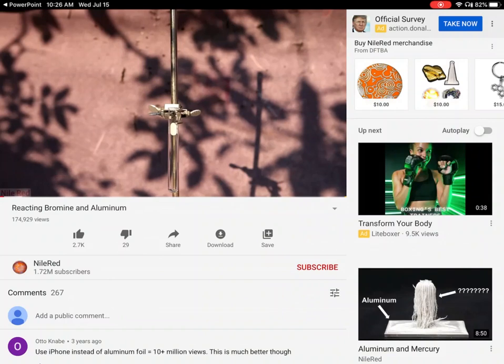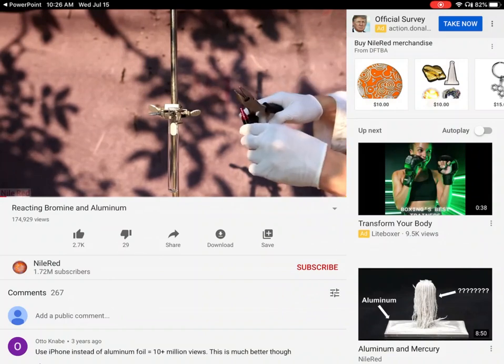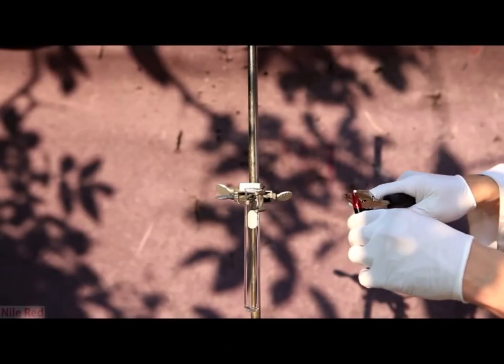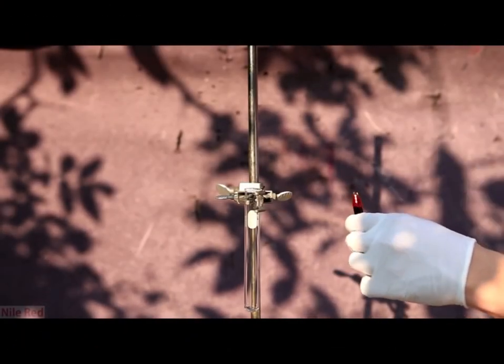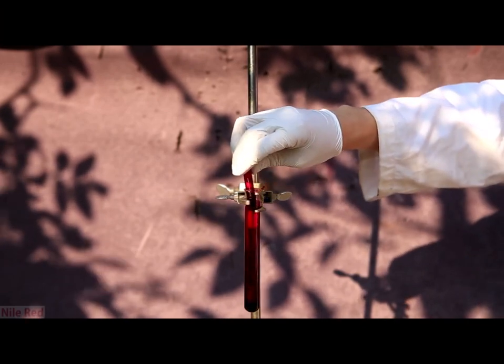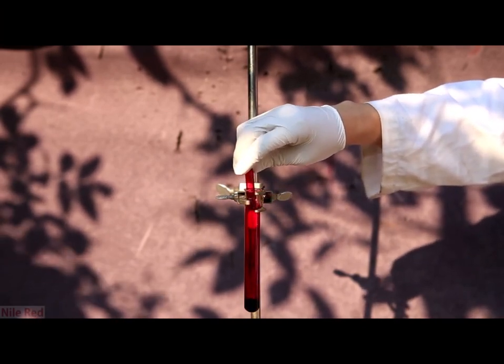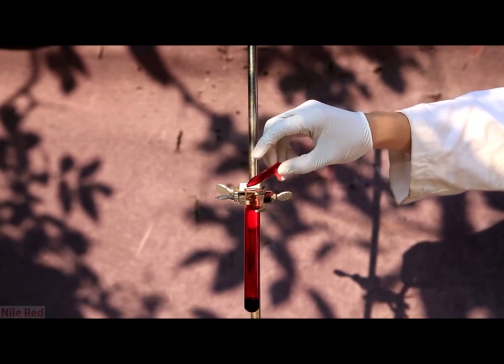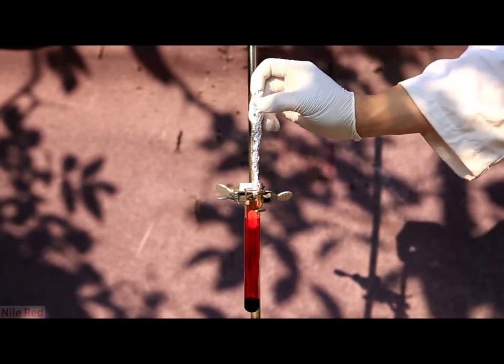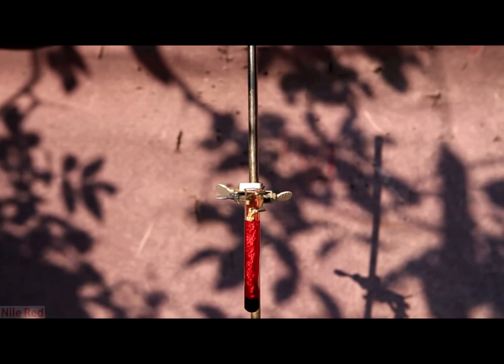There we go. To start, bromine is added to a test tube. This is bromine that was made in a previous video and it was stored in my homemade ampules. I show here that it can be easily opened by breaking it open with a pair of pliers. Then, aluminum foil is added to the test tube. Due to the protective oxide layer on the outside of the aluminum, it takes a little while to react.